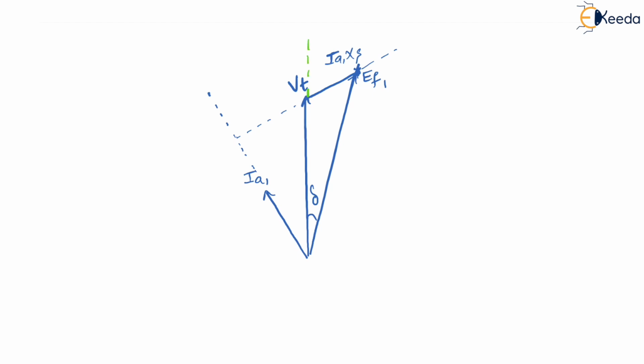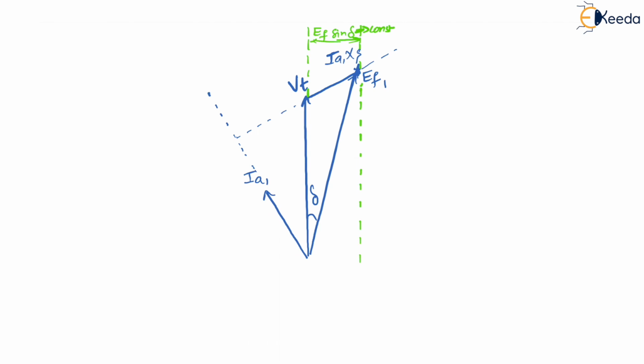This is going to be EF sine delta. So when I say that EF sine delta is constant, it means EF sine delta, which is this, is constant.